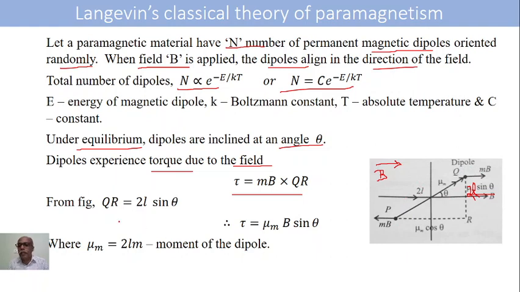QR will therefore be equal to 2l sin theta, and PR will be equal to 2l cos theta, if required, the other component of 2l.